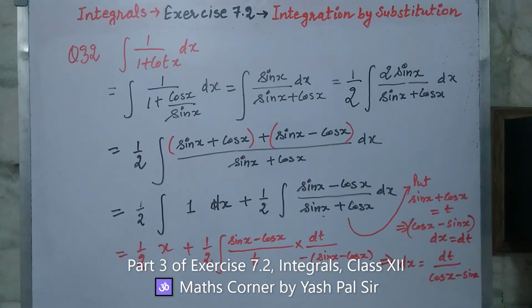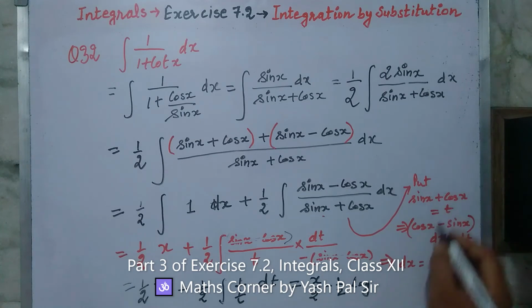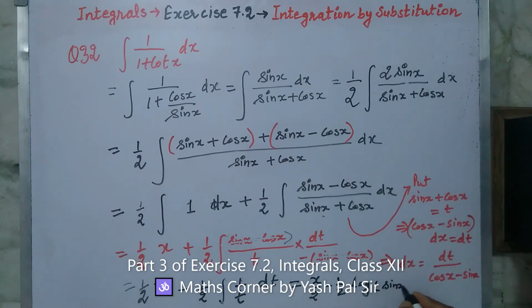So now we cancel these equal terms. We are left with 1 upon 2 x plus 1 upon 2, this minus will come outside, minus 1 upon 2 integral of 1 upon t dt. That means x by 2 minus 1 upon 2 times log of t. What is t? This is sin x plus cos x, plus c, is the final answer.